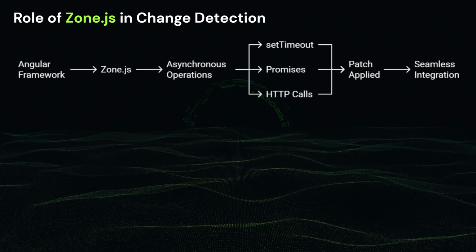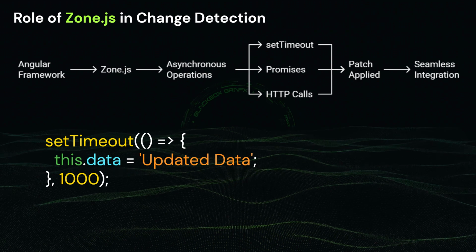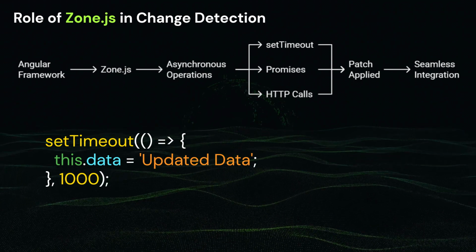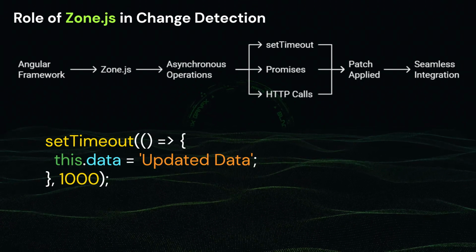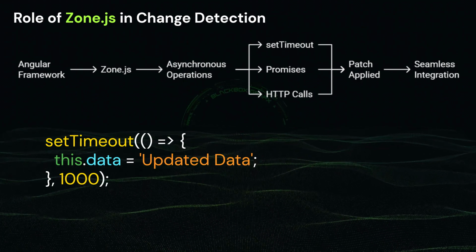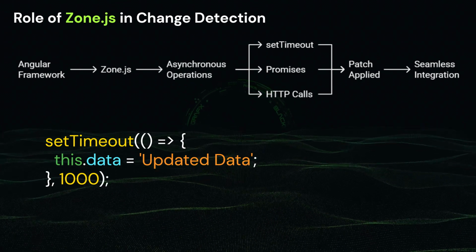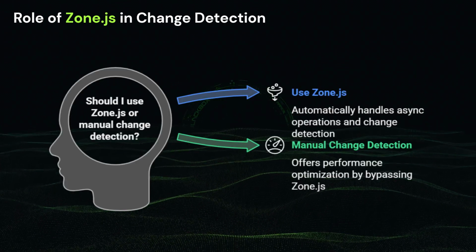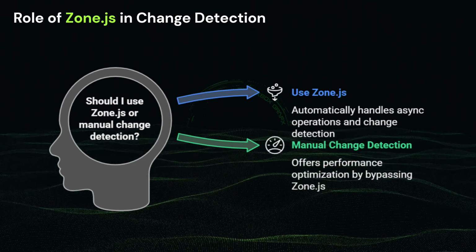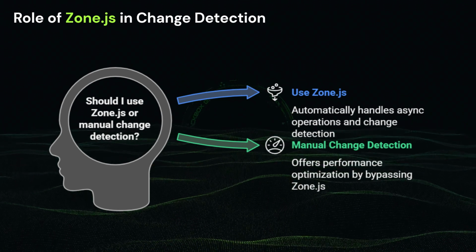If you see the below code, we have written an example with setTimeout, and we took one variable and set some string value there, and we mentioned the timer in the setTimeout. Without Zone.js, Angular wouldn't know that a change occurred. Zone.js detects these asynchronous operations and triggers change detection automatically.